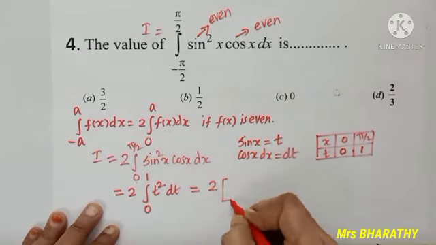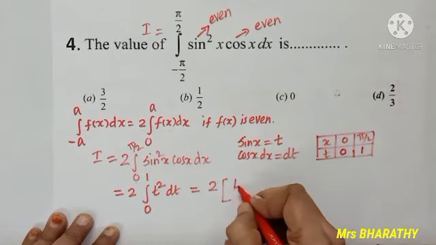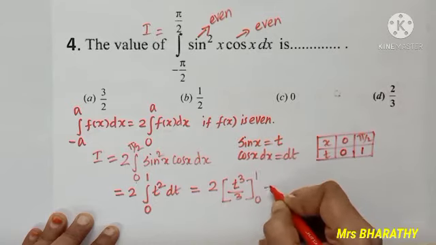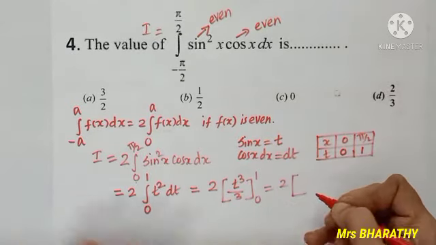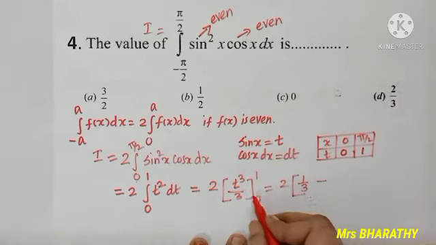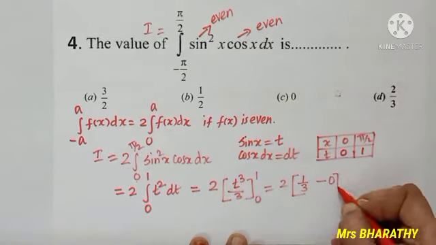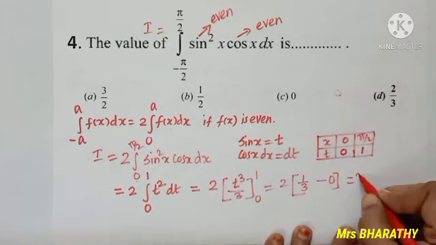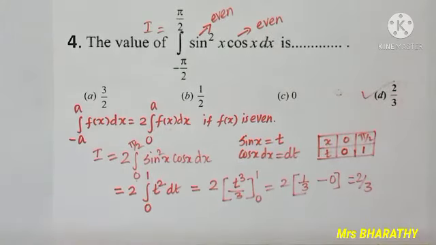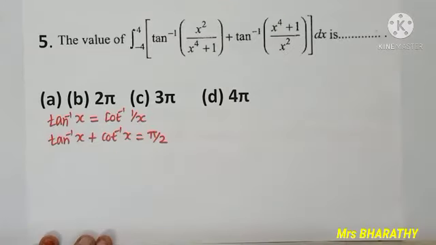As I integrate, t square becomes t cube by 3 between the limit 0 to 1. Putting upper limit 1 cube by 3 minus the lower limit gives me 0. Ultimately, the answer is 2 by 3 and the right choice is D.